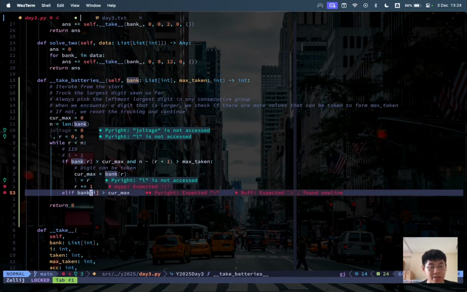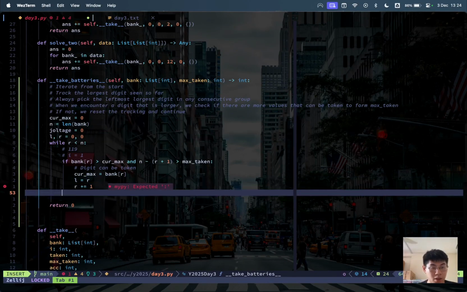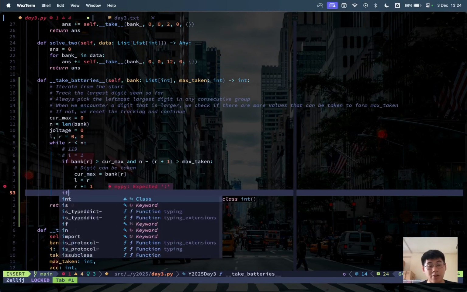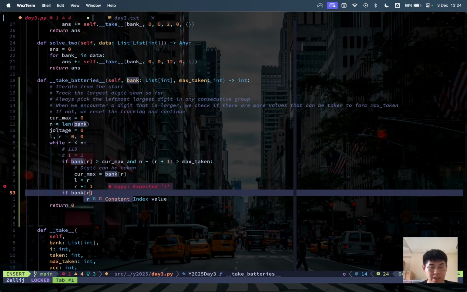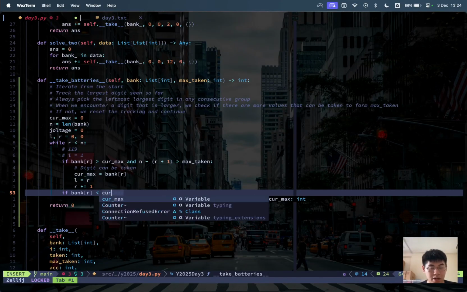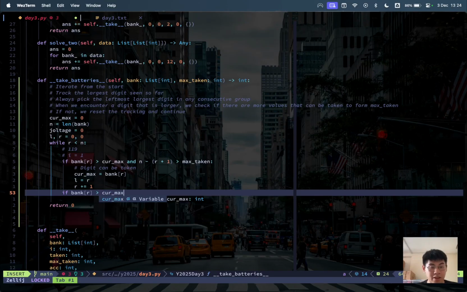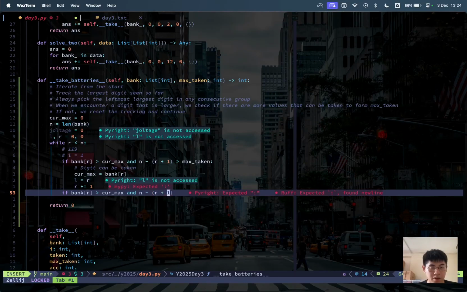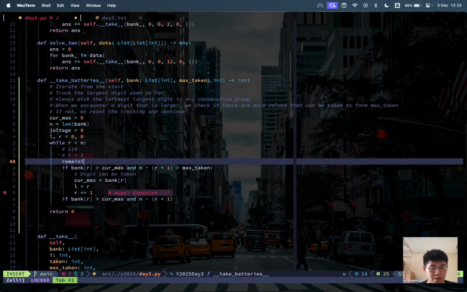Right can increase as well, if there is a scenario where the bank of R is greater than the current max, and the remaining digits is n minus R plus 1.